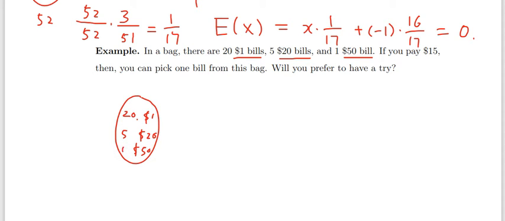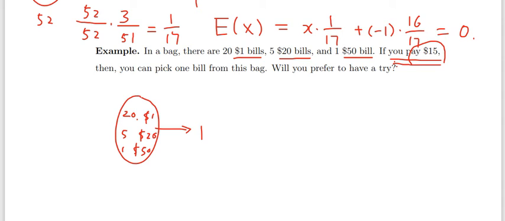So you give me some money, then I let you pick 1. I charge you $15: give me $15, then I let you pick 1. So good luck.